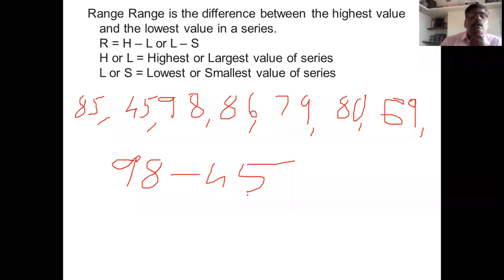Difference between 98 and 45. What is the range? Range is 53. This is the range. You may call it highest value and lowest value, or largest and smallest.